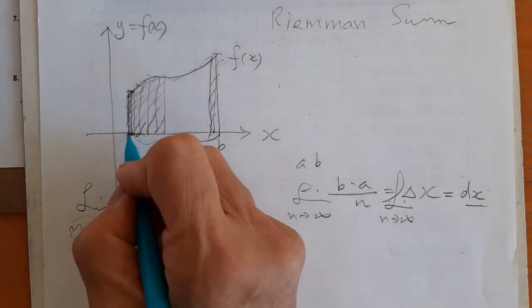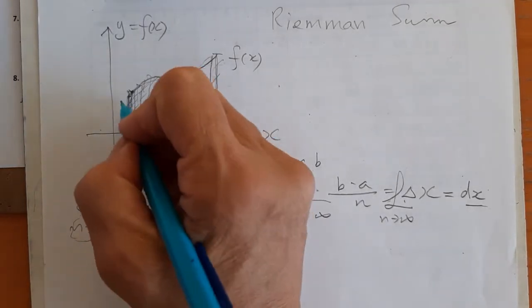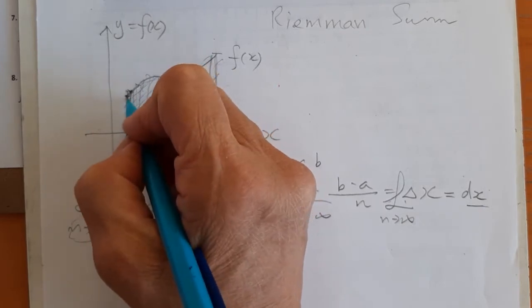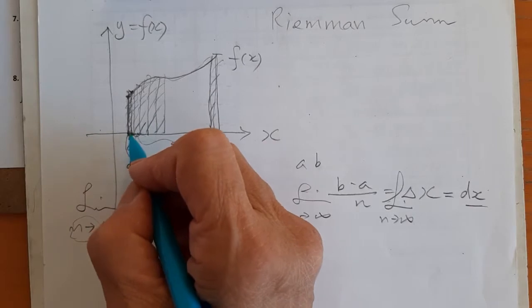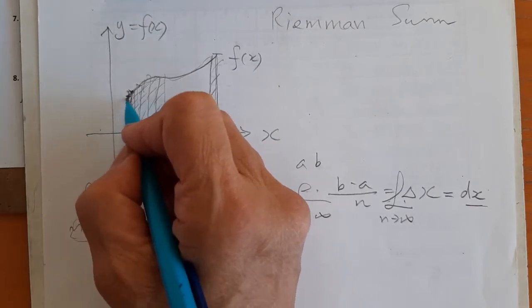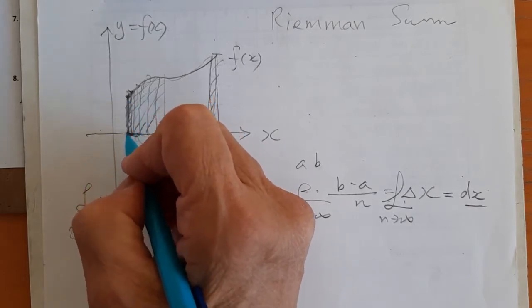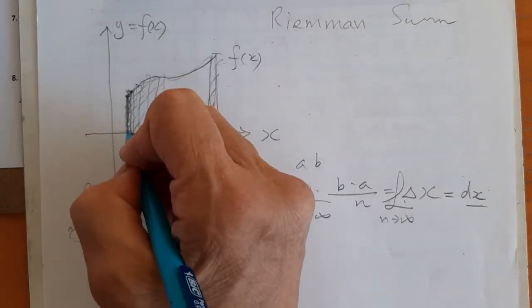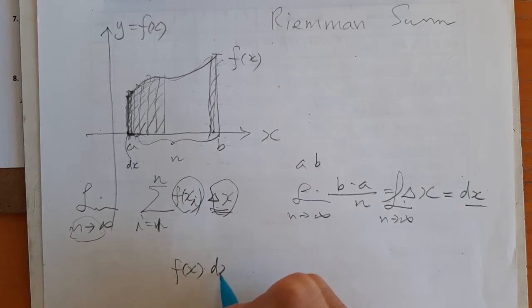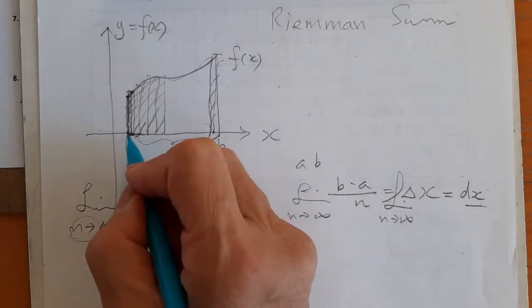And this is the base. This base is dx times the height. The height is the function value, because when they are very, very small it's going to be the function value. So the function value, the height, times the base dx, that's the area.